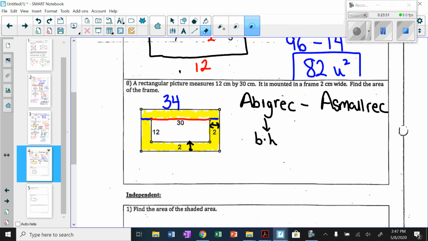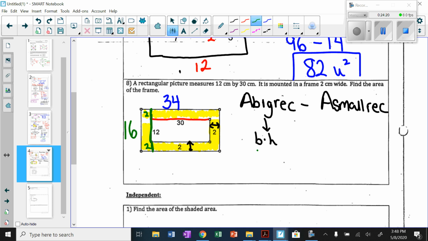Now we're going to do the same thing for the height. Now the height of the small rectangle is 12. But then look, they told you to add 2 from the bottom to the small rectangle, and from the small rectangle to the top. So we're going to add 2 here and 2 here, which makes a total of not 12, not 14, but 16.